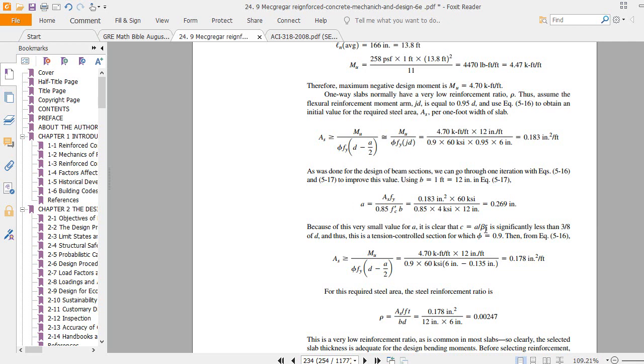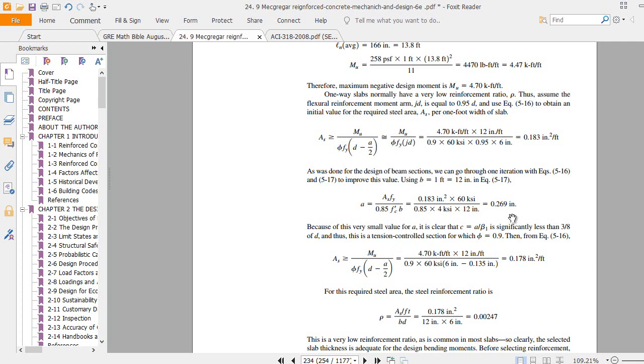Beta 1 is 0.85 and a is this much. Divide this, and you get a value that should be less than 3 by 8, that is 0.375. If this value is less than 3 by 8, the section is a tension controlled section. If it is more than 3 by 8, the section is not tension controlled.